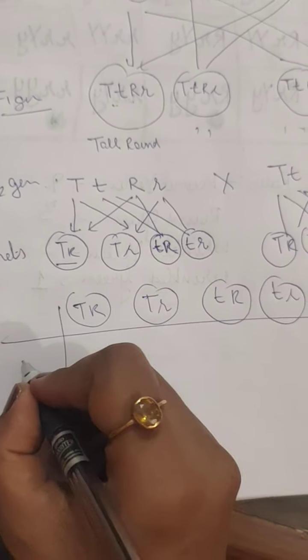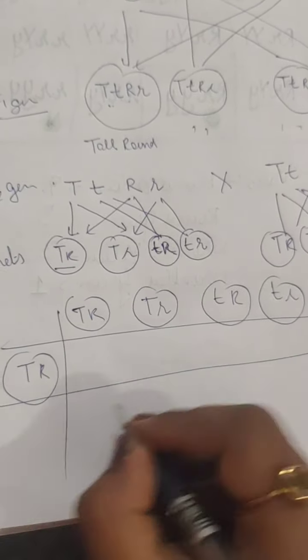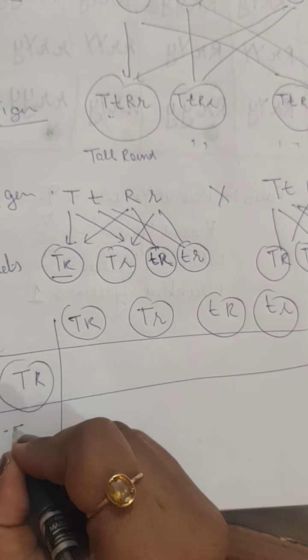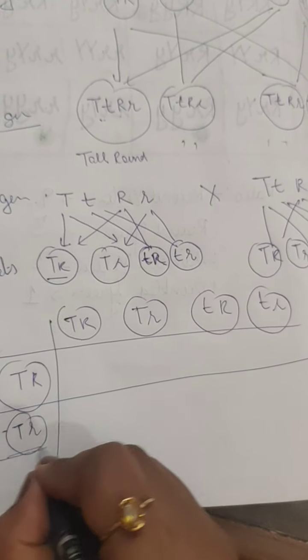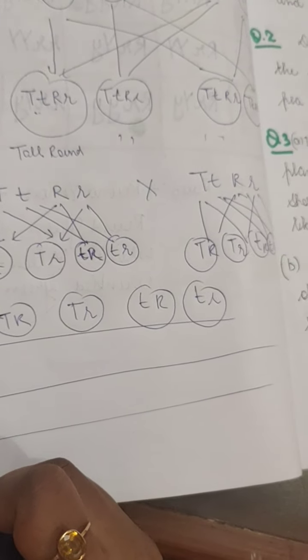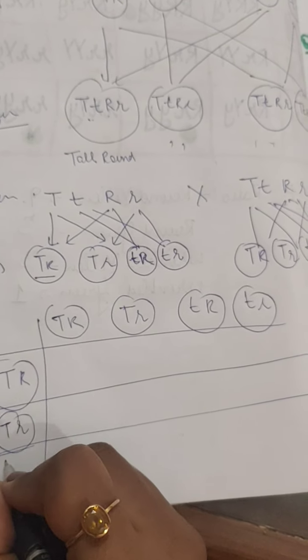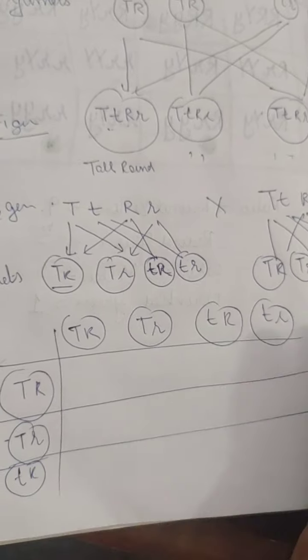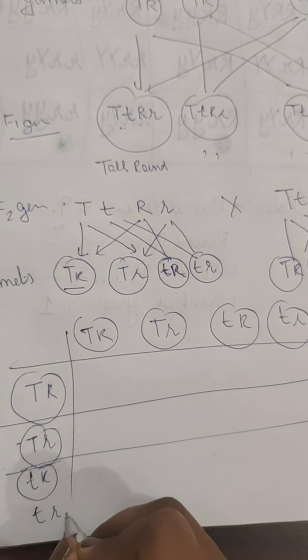Likewise here also capital T and capital R, then capital T and small r, then here small t and capital R, and next is small t and small r.